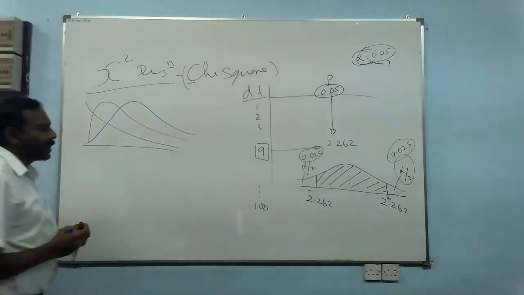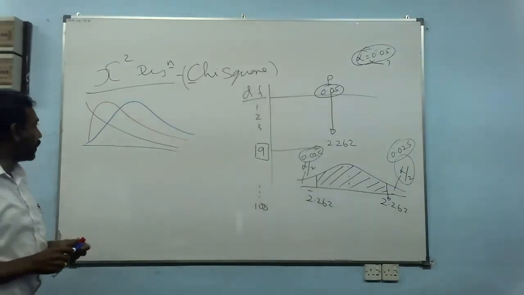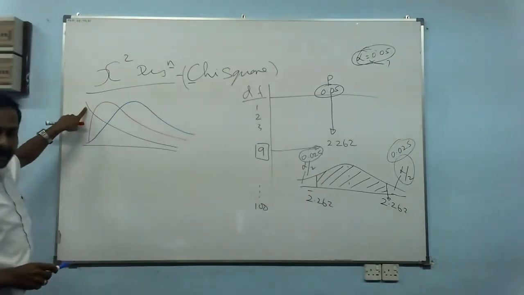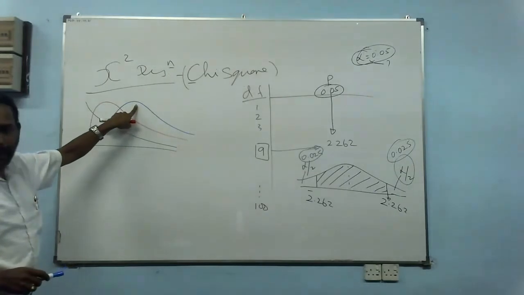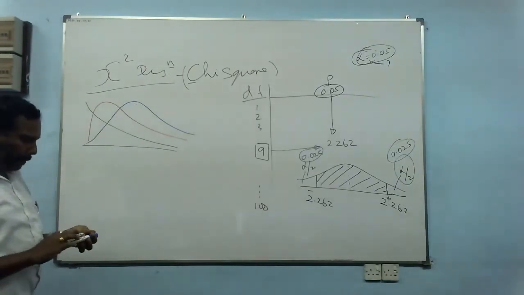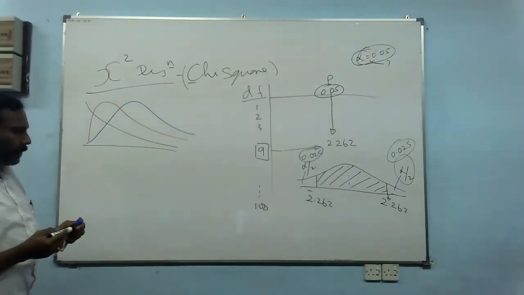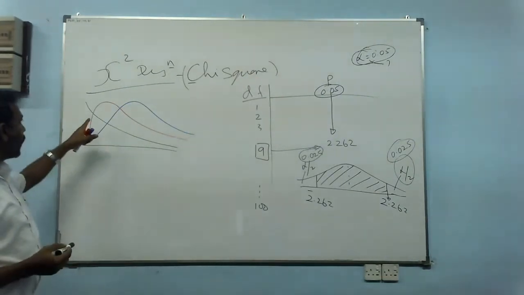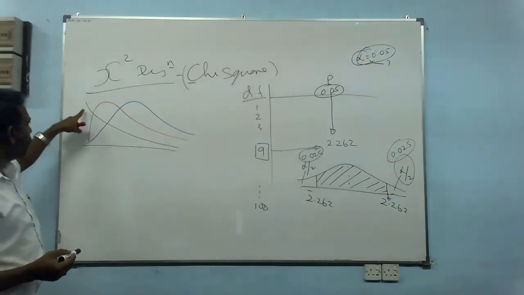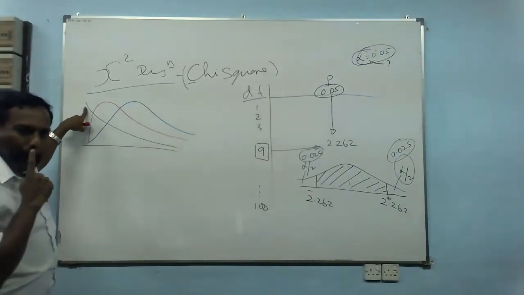I have drawn 3 color distributions. One is black color, then red color, then blue color. All right. So as an example, look at this black color.